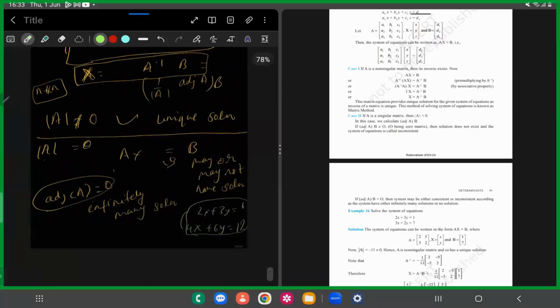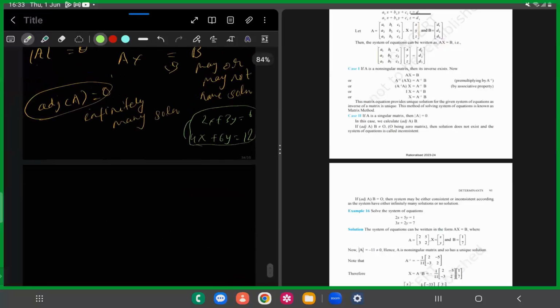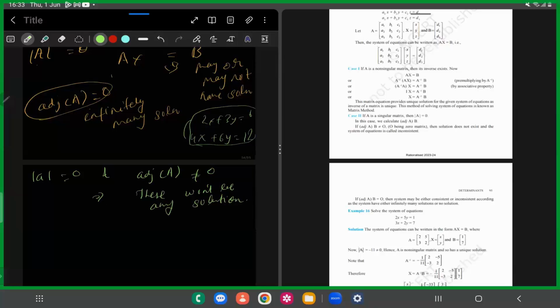And there is a second case also: if determinant of A is equal to 0 but adjoint of A is not equal to 0, then we can say that there won't be any solution. So we won't be getting any solution. This is the description about the theory of the equation.